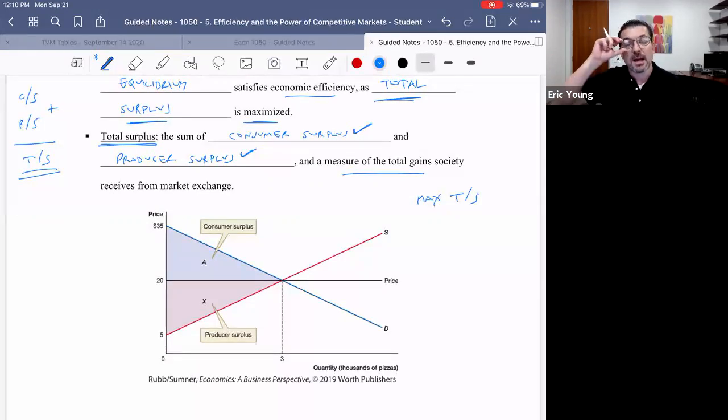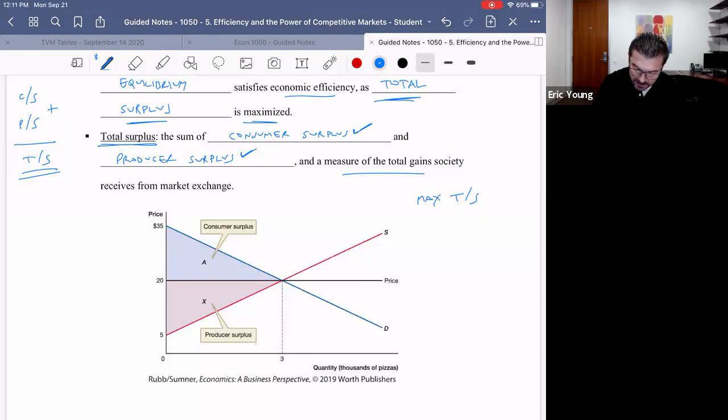Seen a different way, any policy or any activity that increases total surplus would probably be judged to be economically good. And at the same time, any activity that were to somehow reduce or decrease total surplus would need to be looked at very critically, because that implies that it's reducing the net gains to our society.